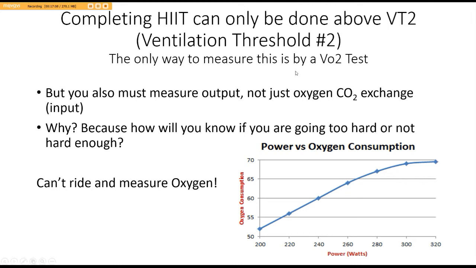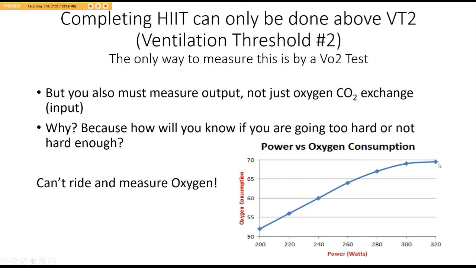So by training above the VT2, which for this individual may be around 85% of the figure here, so we're really looking at about 255 watts here and above, this is the optimal intensity for high intensity training.